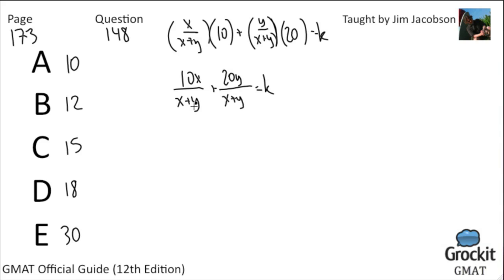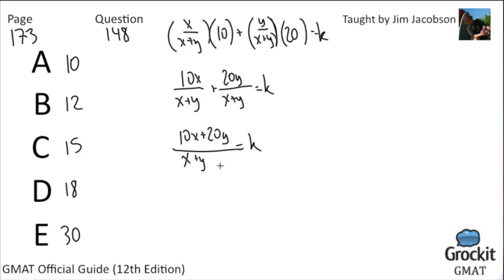And so we can condense that all into a single fraction, because now that they have a common denominator, we can do that. So 10x plus 20y over x plus y equals k.